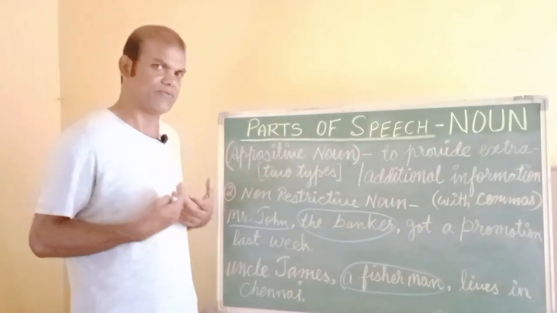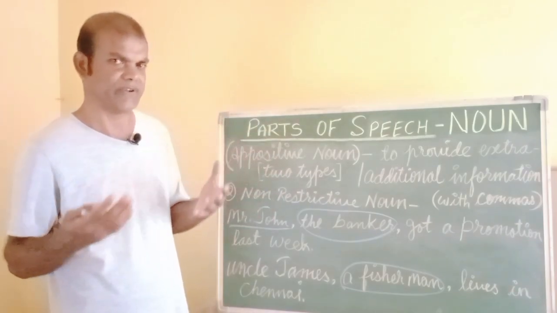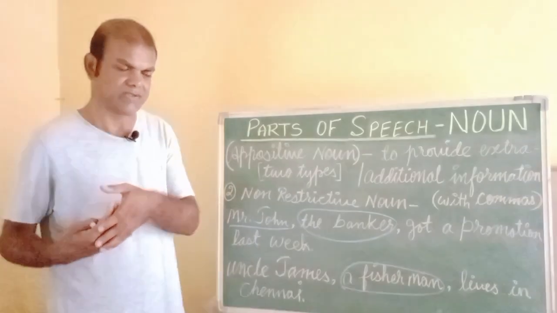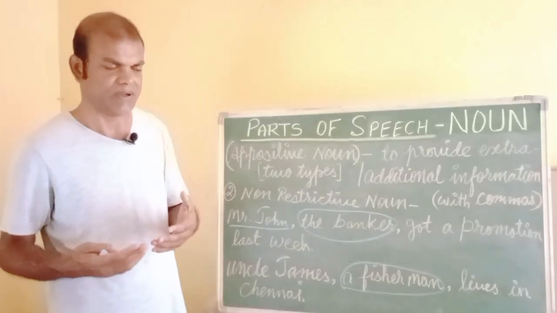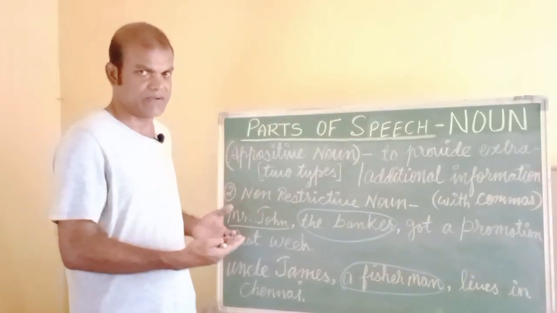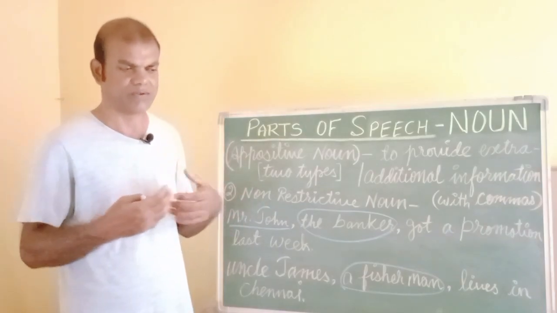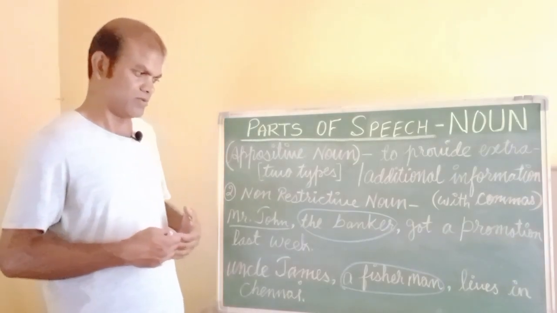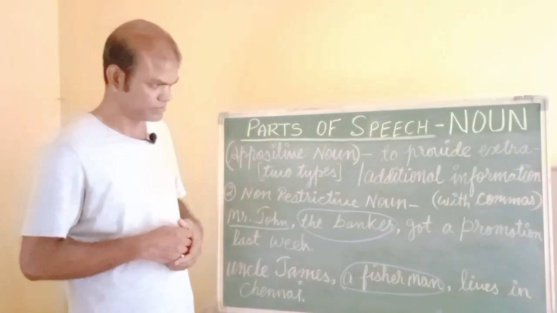Now it is not necessary for me to add that information, but to make that hotel specific, I added the information. Now affordable means it is not very expensive, it is inexpensive or cheap. It is an adjective. Affordable is an adjective of the verb afford. Afford means I have enough money to get something. So the hotel was affordable. I had my lunch in that hotel.